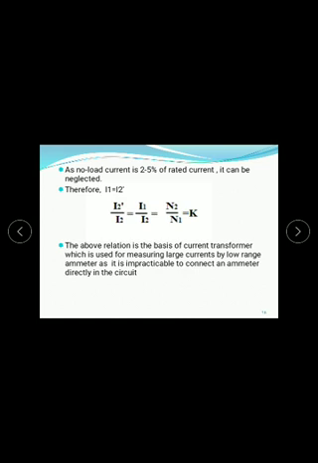That can be written as I2 dash by I2 is equal to I1 by I2, that is equal to N2 by N1, that is equal to K. This relation is used in the current transformer. The ammeter is not connected directly; by connecting a CT to the feeders or bus bars, we can measure high current from this concept.